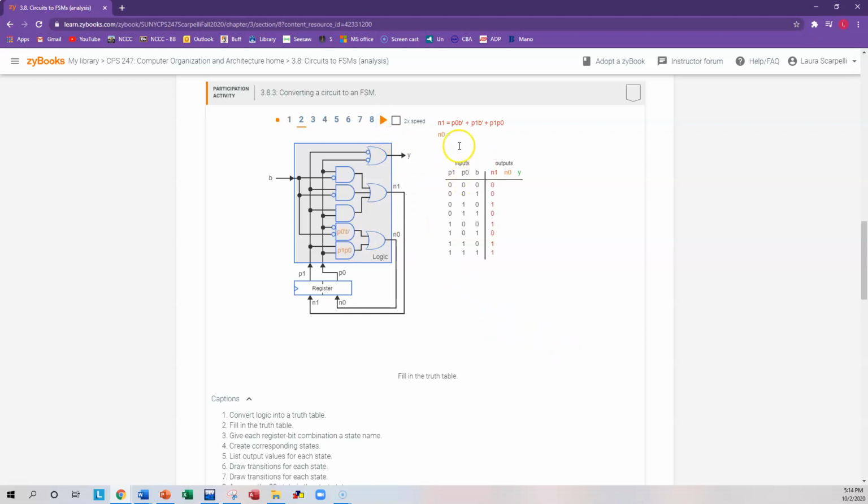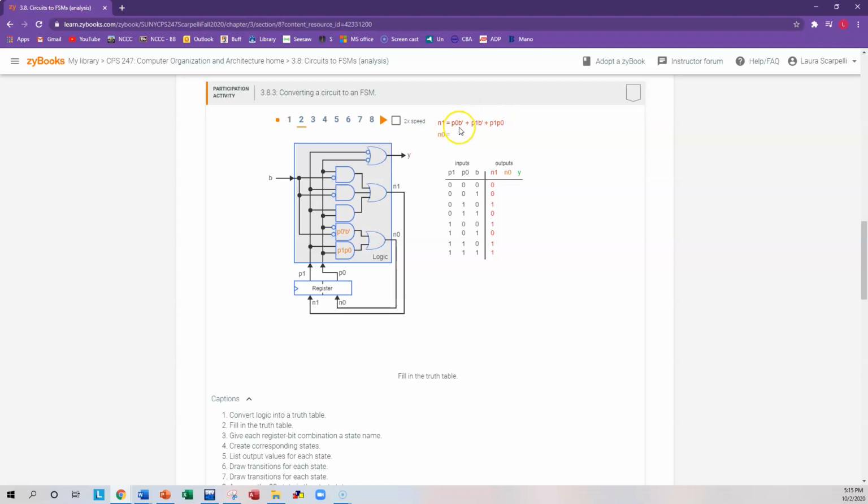I'm just going to pause it right here. Okay, so right here for N1, you'll need to figure out where the 1s belong. So it's a matter of plugging in the values to see where this AND results in a 1, where this one results in a 1, where this one results in a 1, right? As long as one of these is 1, the whole thing is 1 because you're ORing.